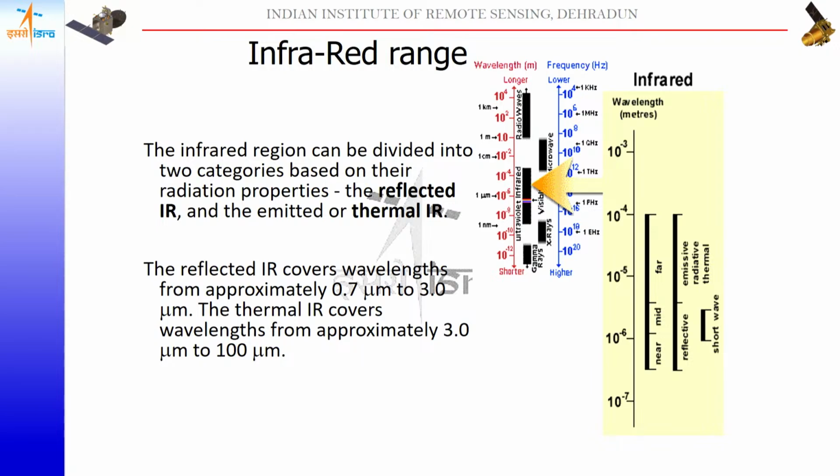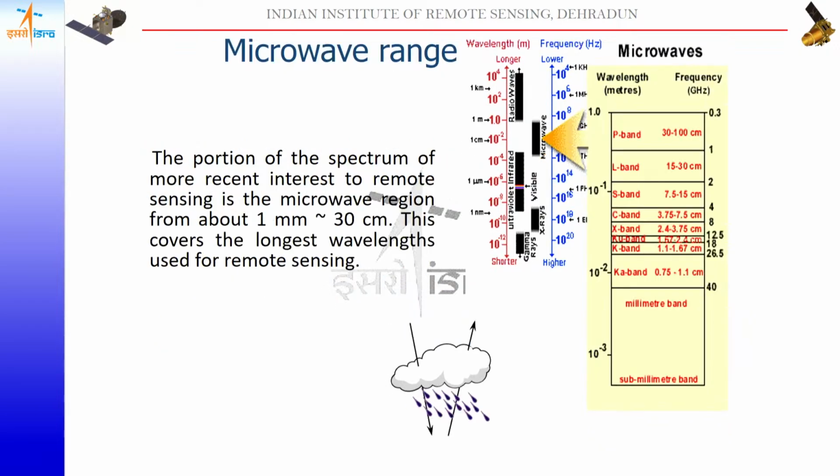We do not use the entire range, we use a portion of it depending on where the Earth is emitting maximum, but its entire range from 3 to 100 micrometers is called thermal IR. Coming to the microwave range, it's usually expressed in the form of frequency bands: P band, L band, S band, C band, etc. This will be covered later in detail in the microwave classes.